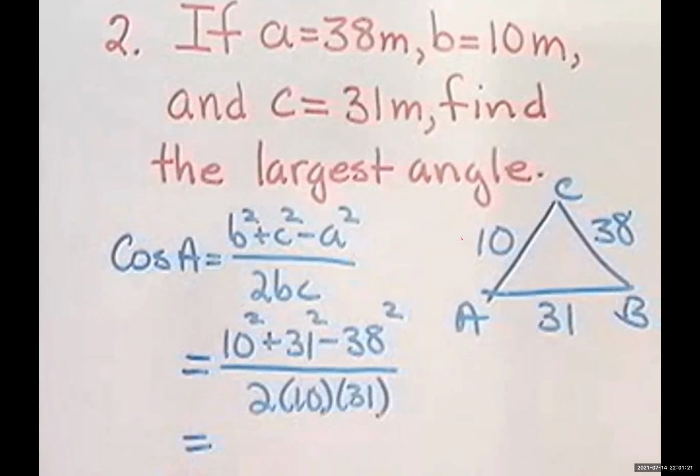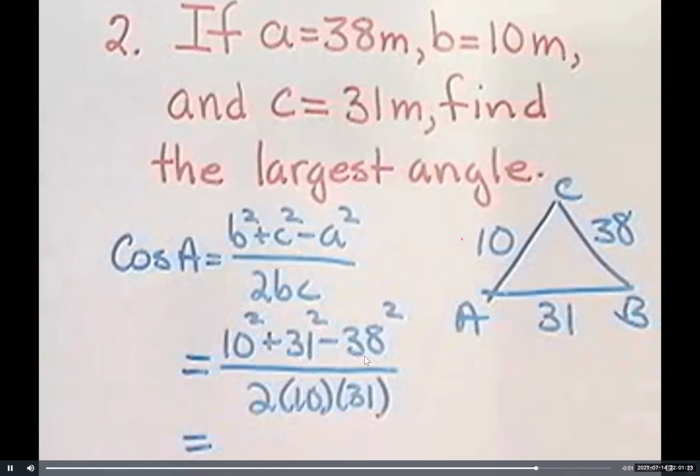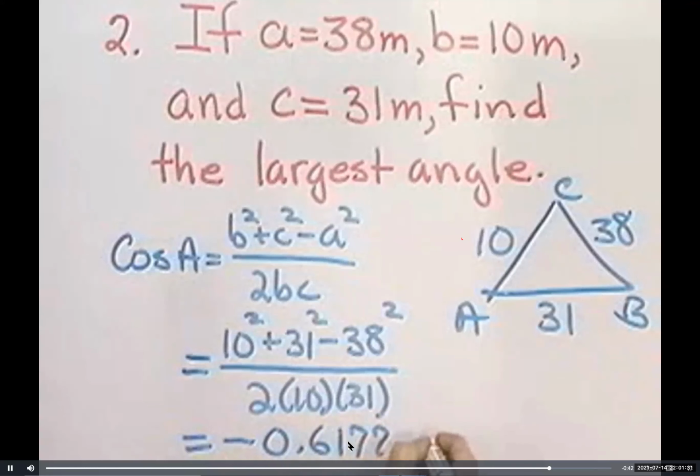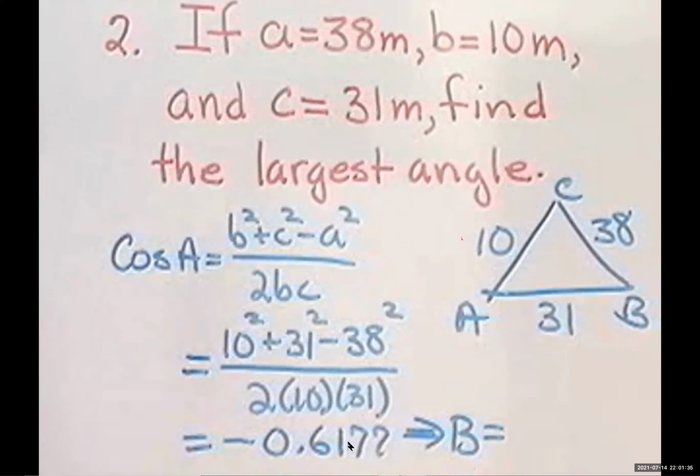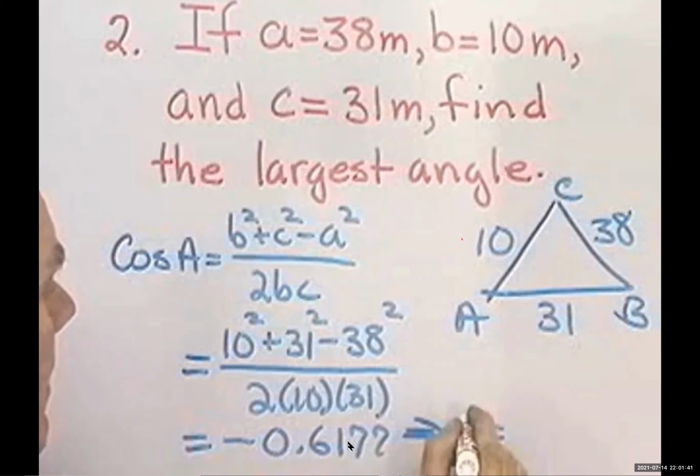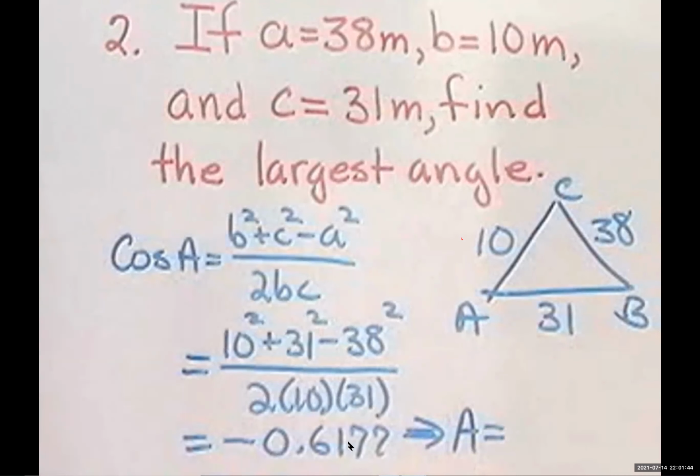I've worked that out on the calculator. That comes out to be negative 0.6177. That implies that when I use my inverse cosine button on my calculator, that angle, whoops, not B, but angle A, comes out to be 128 degrees.